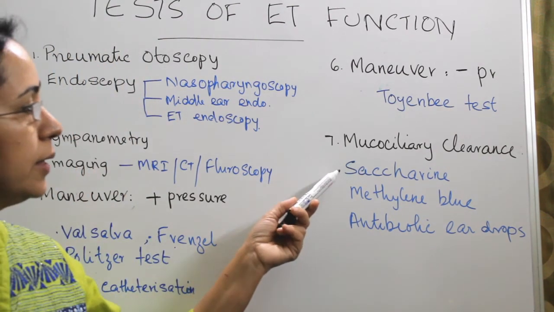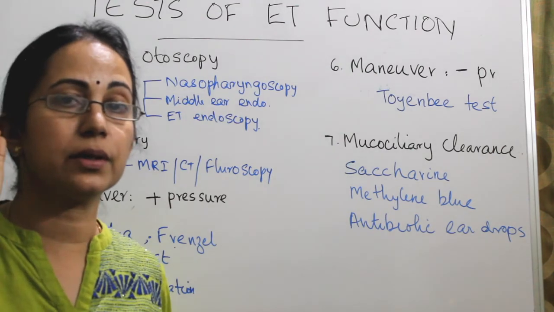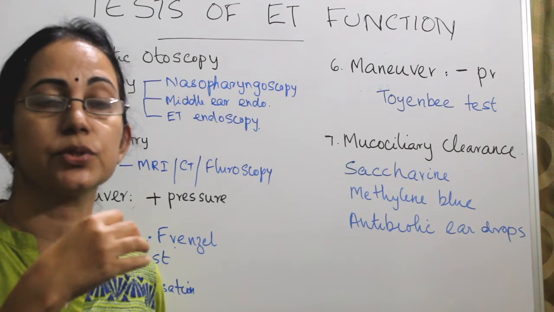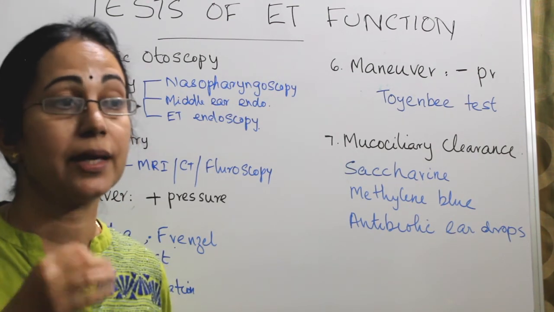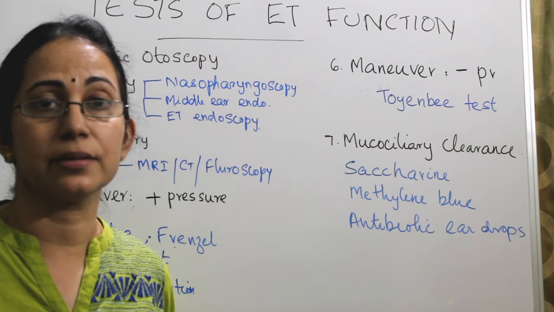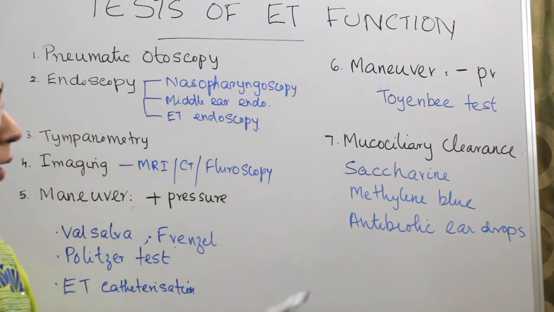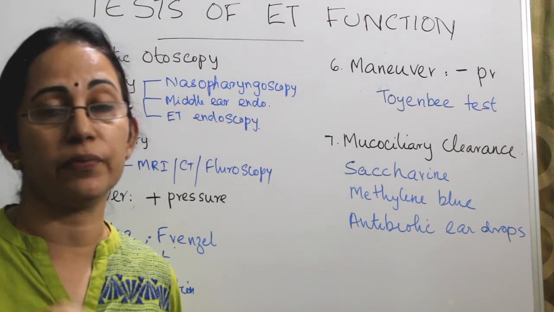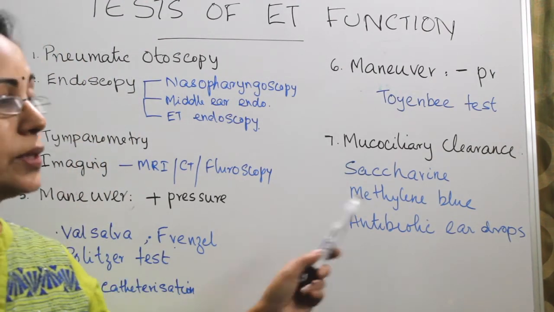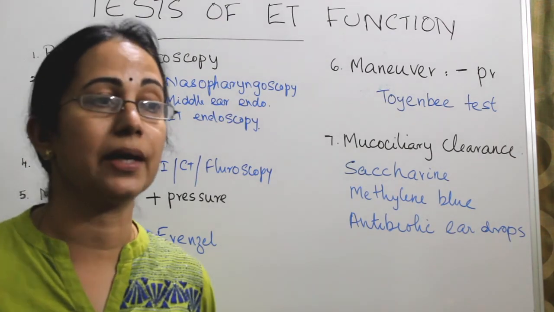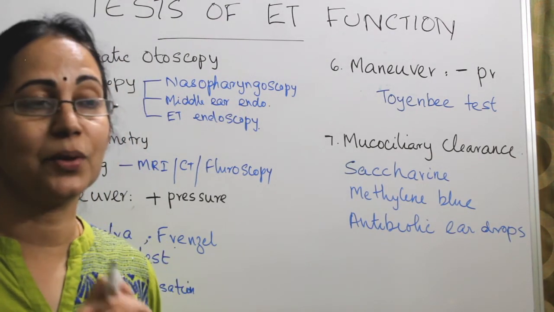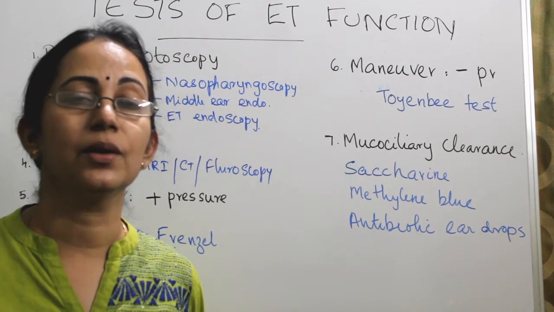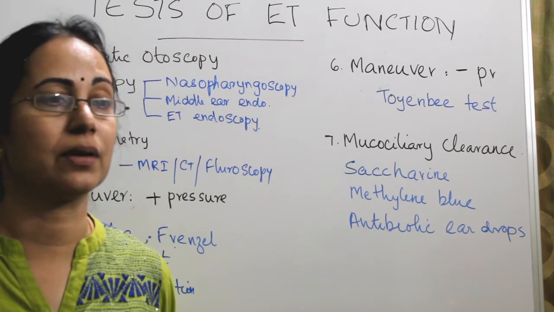So if you instill a drop of saccharin through the tympanic membrane perforation, it will reach the middle ear, and from there the nasopharynx, and the sweet taste will be perceived by the patient. And again, methylene blue, the blue dye, can be seen in the pharyngeal secretions. And if you instill antibiotic ear drops, which have a bad taste, that will be sensed by the patient if the mucociliary mechanism is working normally.